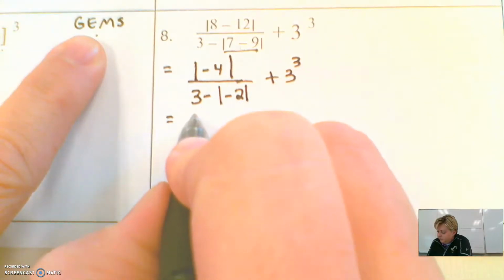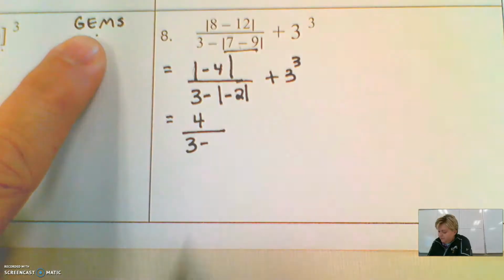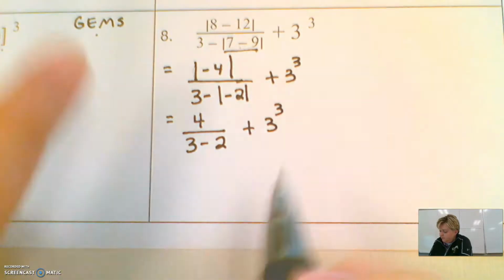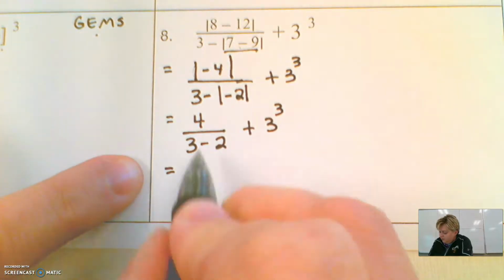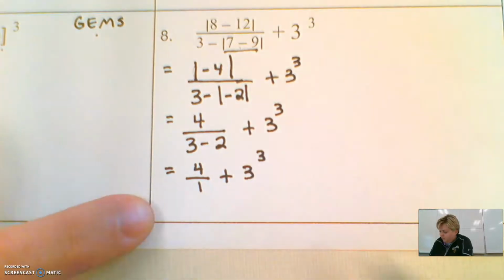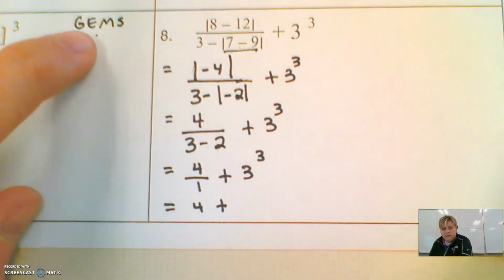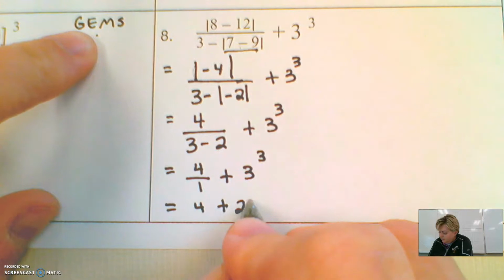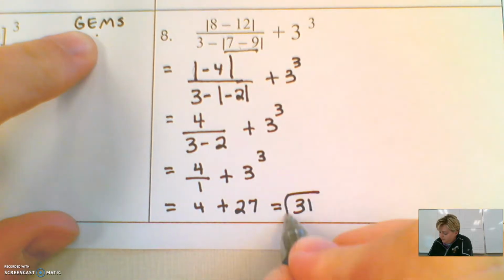Absolute value of -4 is 4. 3 minus the absolute value of -2 is 2, plus 3 cubed. Finish the fraction, 4. 3 minus 2 is 1. 4 divided by 1 is 4. No more grouping, but you have exponents, 3 cubed. 3 times 3 times 3 is 27. And 4 plus 27 is 31.